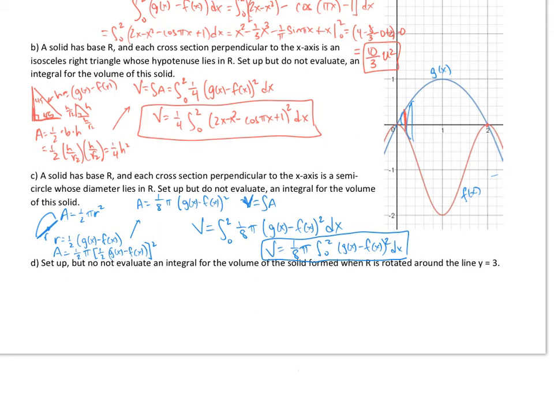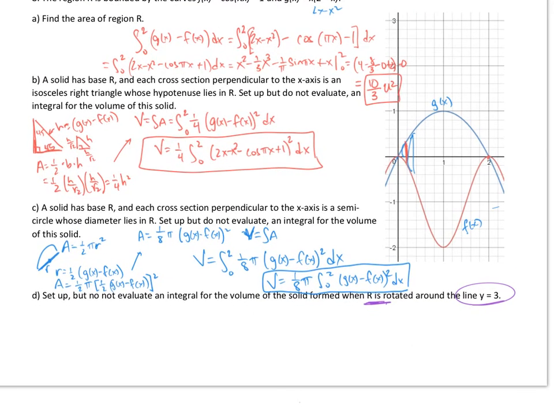All right, moving on to part D. Part D, again, set up, but do not evaluate the integral for the volume of the solid when R, this region, is rotated about the line y equals 3. So if we take a look at y equals 3, and we take a look at where this region is, let's move this down. So y equals 3 is up here. We're going to rotate this thing all the way around that.